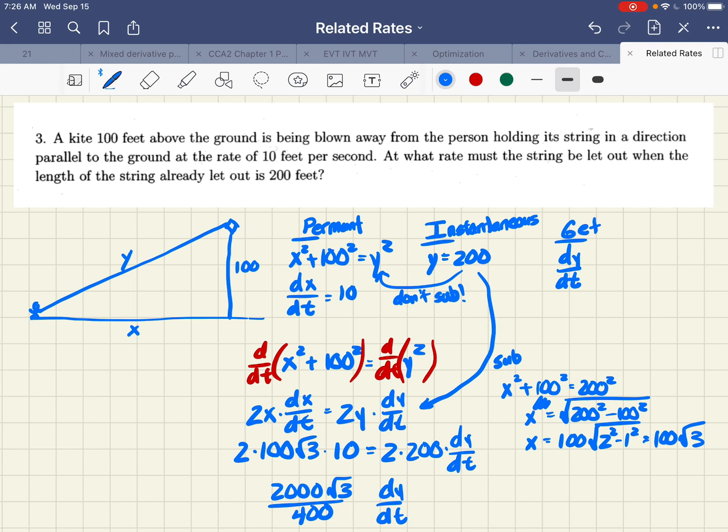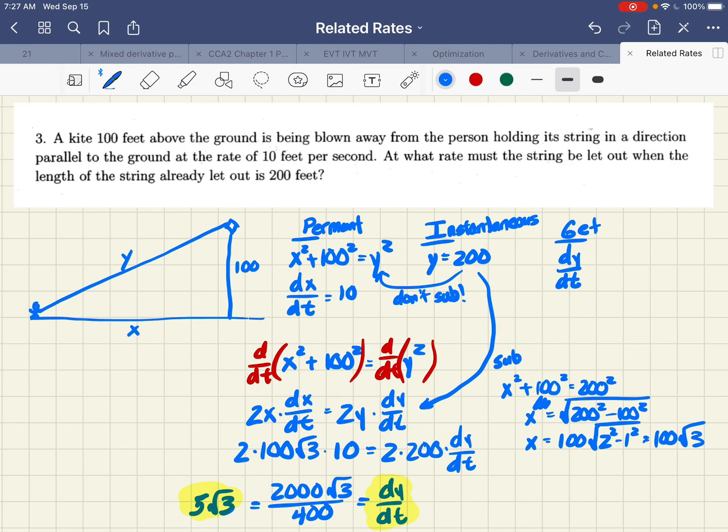Let me just double check my numbers and my calculations. Okay. And so 2,000 divided by 400 is 5 root 3. So there is my answer. Missing the equal sign. Okay, so that's our first related rates problem.